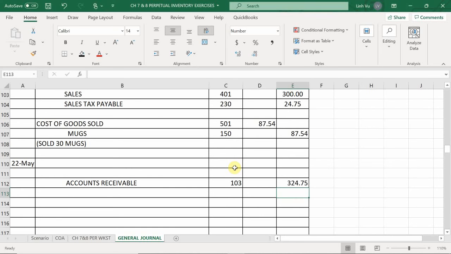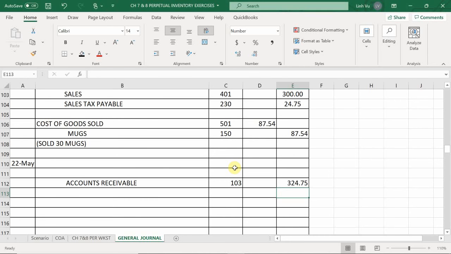Okay? So in this case, how many mugs did we actually sell? He purchased 60 and returned 30 of them. So how many mugs did we actually sell to customer B? 30.